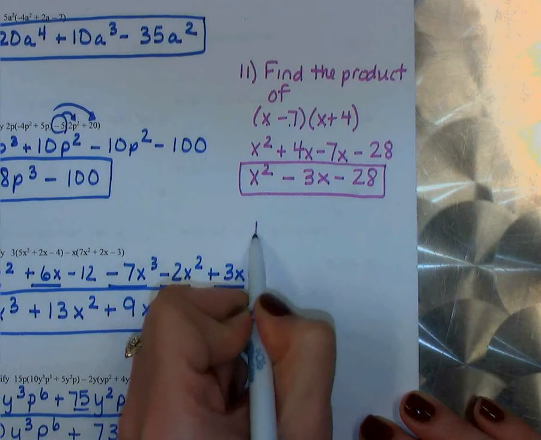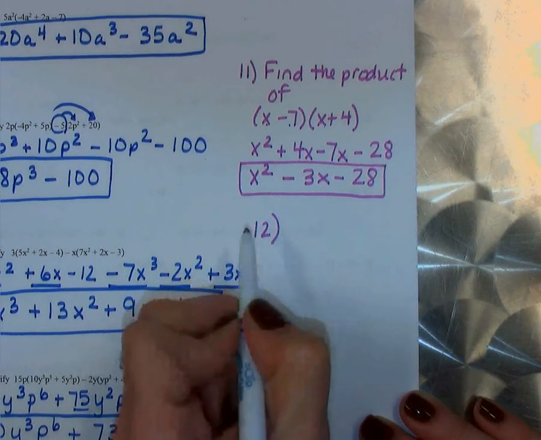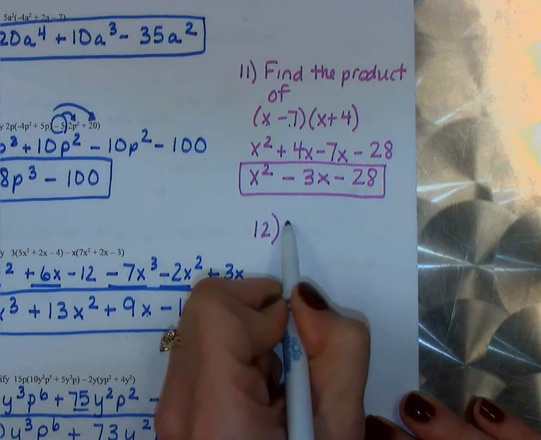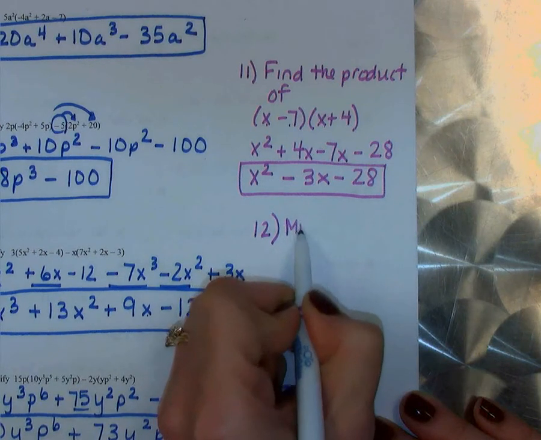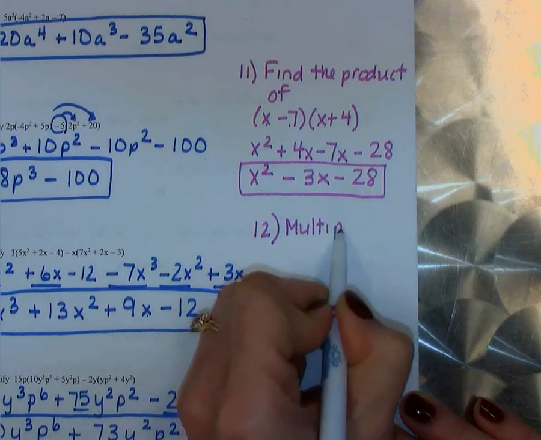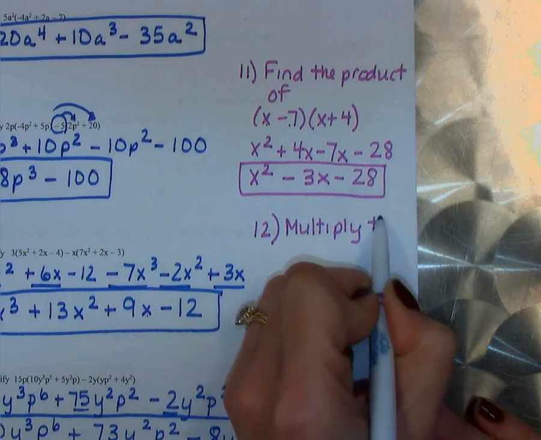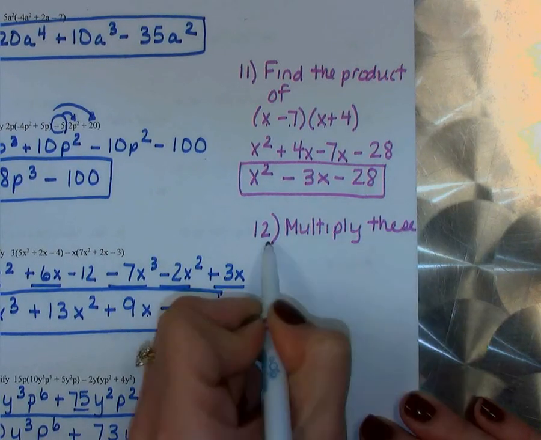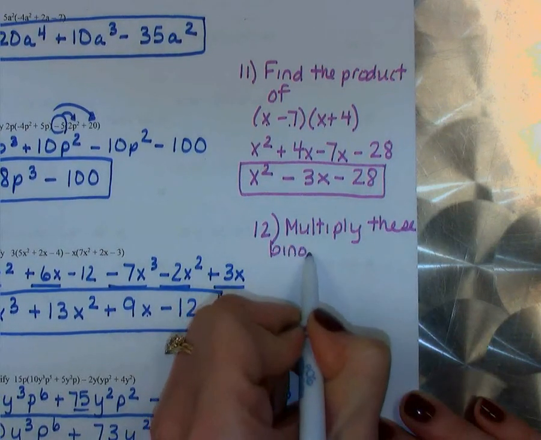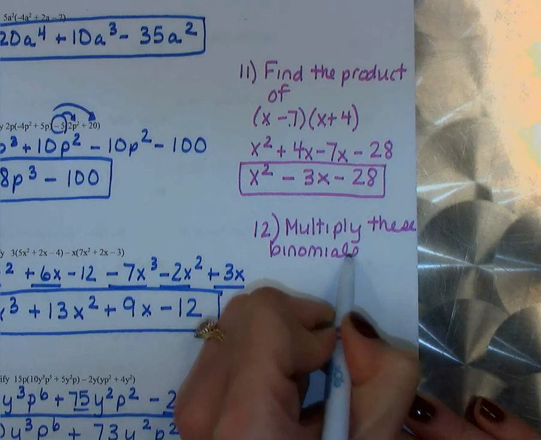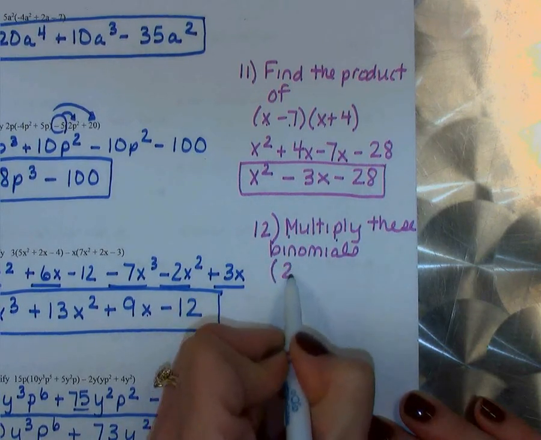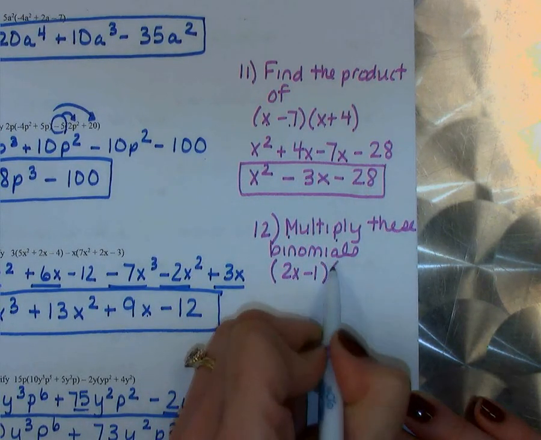Next one, let's try this. Multiply these binomials. 2x minus 1 times x minus 5.